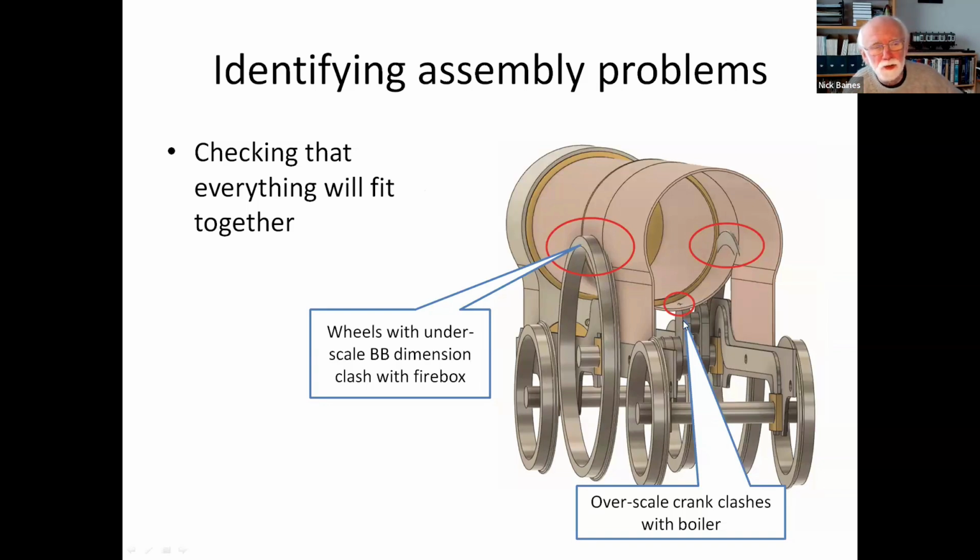For this particular model, I was hoping to use inside cranks from Laurie Griffin. They were a little bit over scale, unfortunately, which from the point of view of making the model go really doesn't matter at all. And visually, I don't think it would be noticeable either.